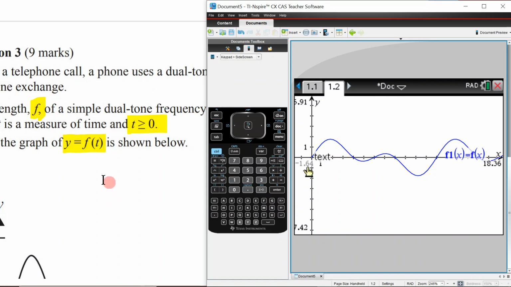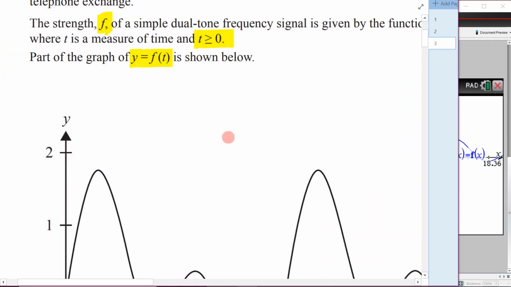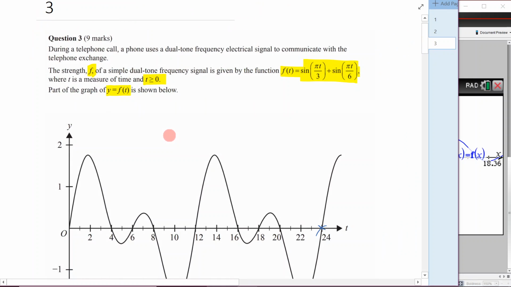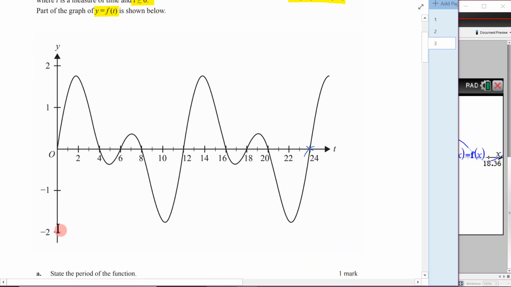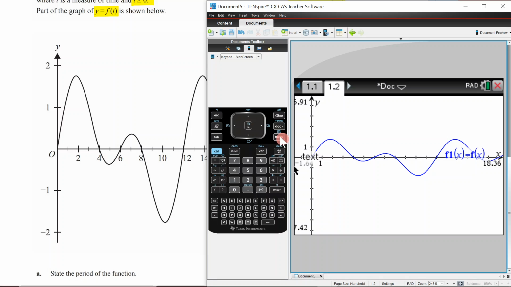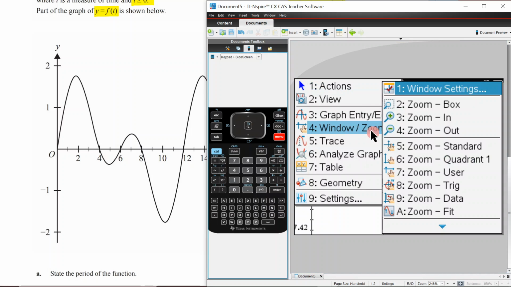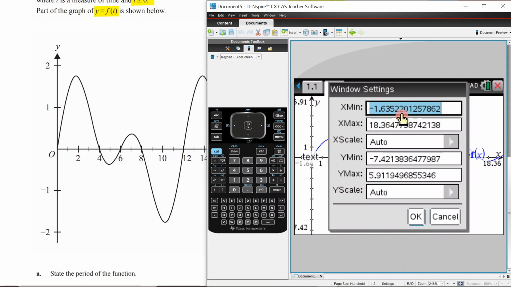Now it doesn't look exactly like what we see here, does it? The reason for that is just the window size of my CAS. As you can see here, I'm going from 2 to -2, starting at 0 and going to 24. So I'm going to go menu, window zoom, window settings, and my minimum X is 0.